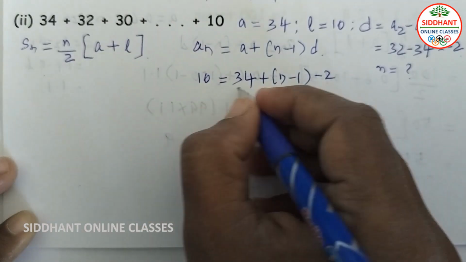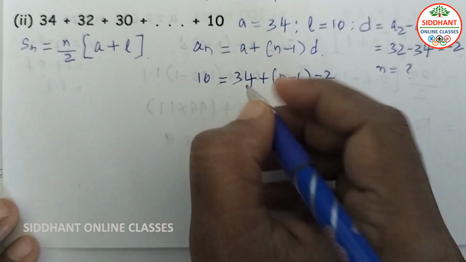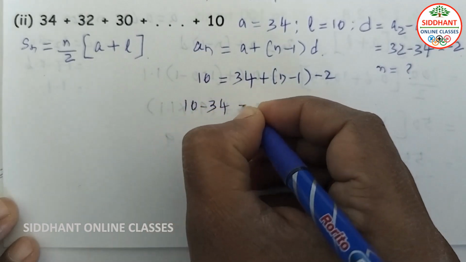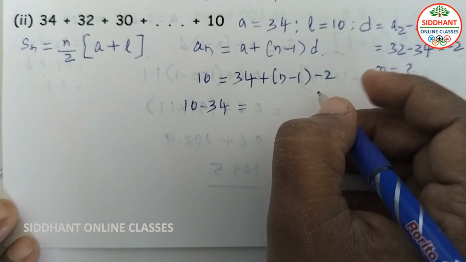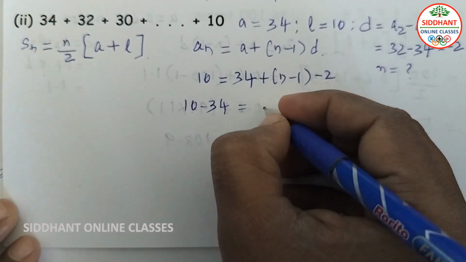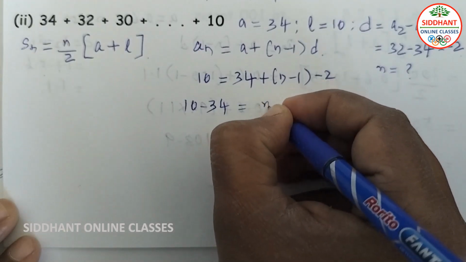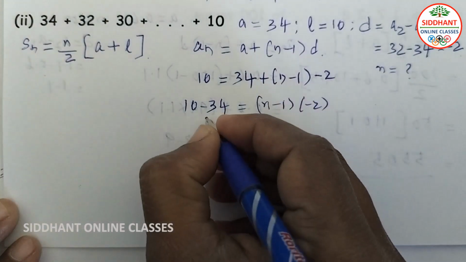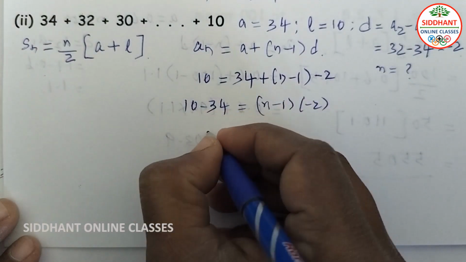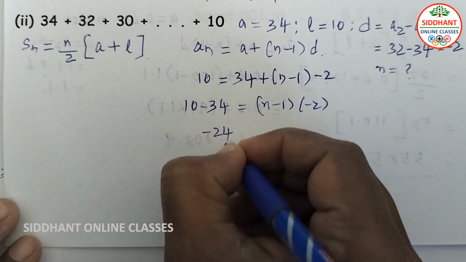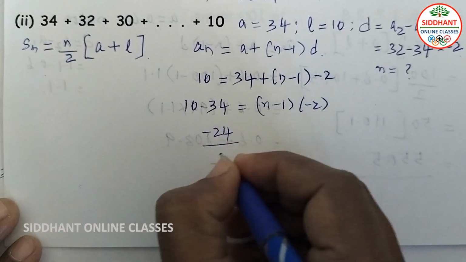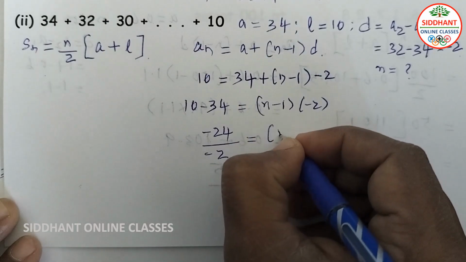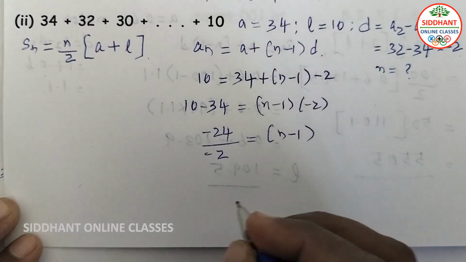So now 10 minus 34 equals n minus 1 into minus 2 here. So here 10 minus 34, which will be minus 24, and minus 2 we are going to send this side here, minus 24 by minus 2 equals n minus 1 here.